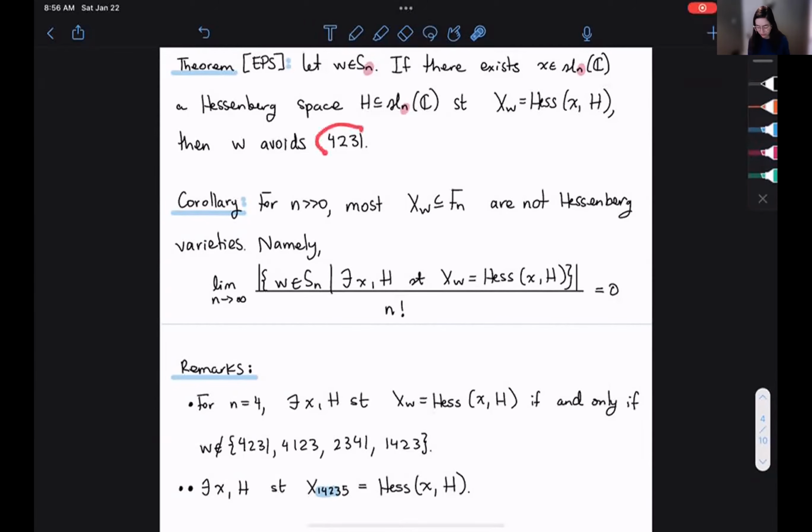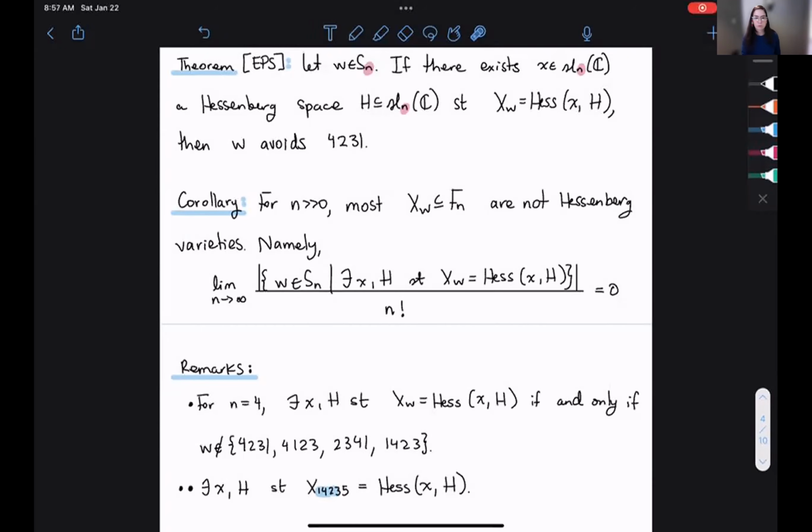So in particular, this is a type C permutation, and one way you can define pattern avoidance in type C is just the one that's inherited from type A. And so we also proved this result in type C. So there are type C Schubert varieties, type C Hessenberg varieties, and this theorem holds if you just replace everything for type C.